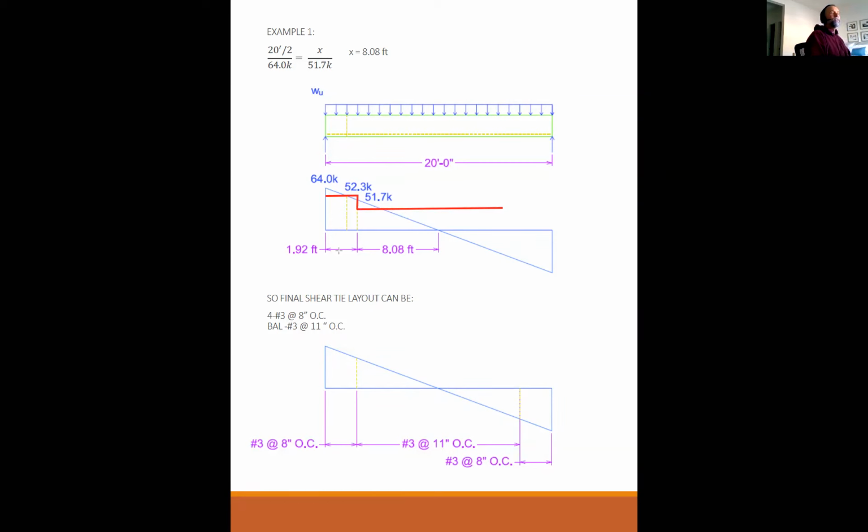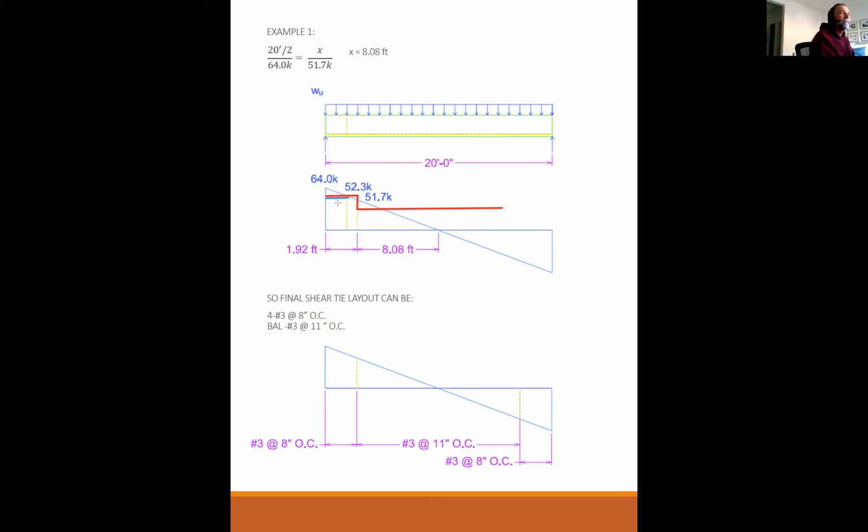So what we do in design is we make sure that the shear demand is always under the shear capacity curve. The shear capacity is the red line, the demand is the blue line. Now you're probably looking at that going, well, it ain't. I can see it right there, right? Well, remember that the shear demand goes like that.